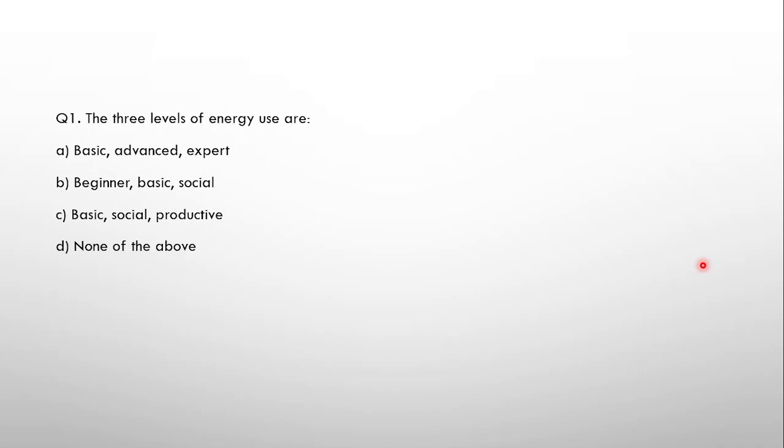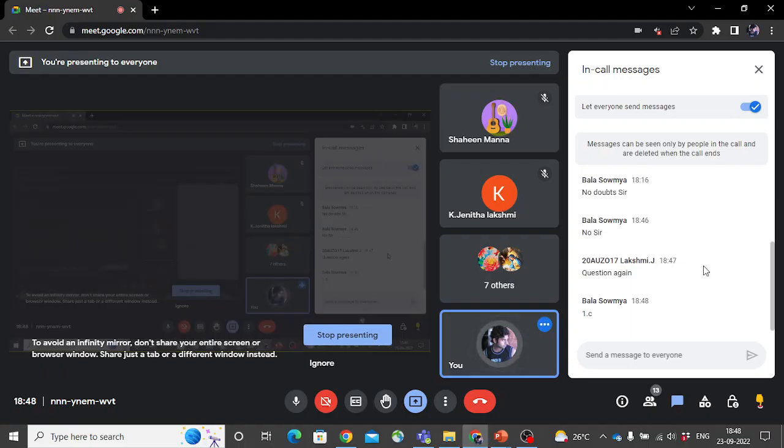We discussed this when we were discussing the Energy Plus initiative, right? So basic, advanced and expert, or beginner, basic and social, or basic, social and productive, or none of the above. If you want to go back to the slide, I can. All right, that's absolutely right.